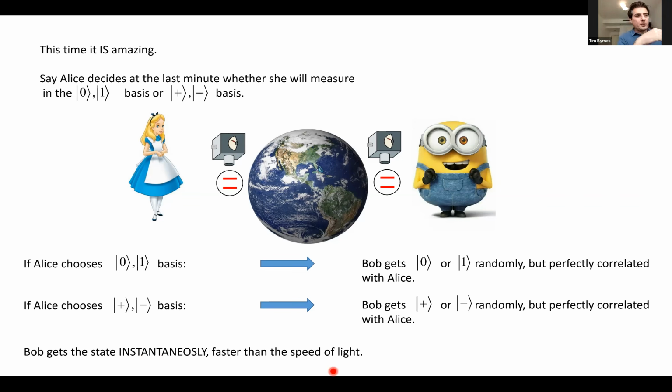Okay, so if Alice makes this measurement, then Bob will actually get these results before any kind of light signal could propagate.